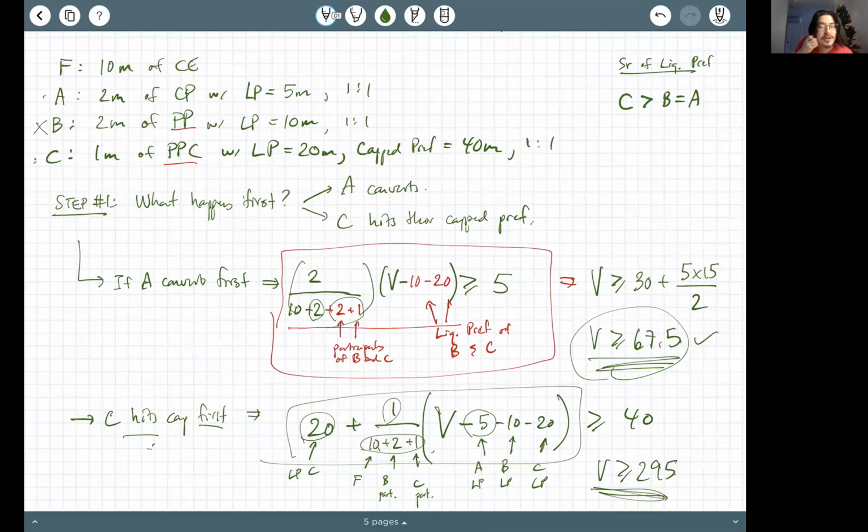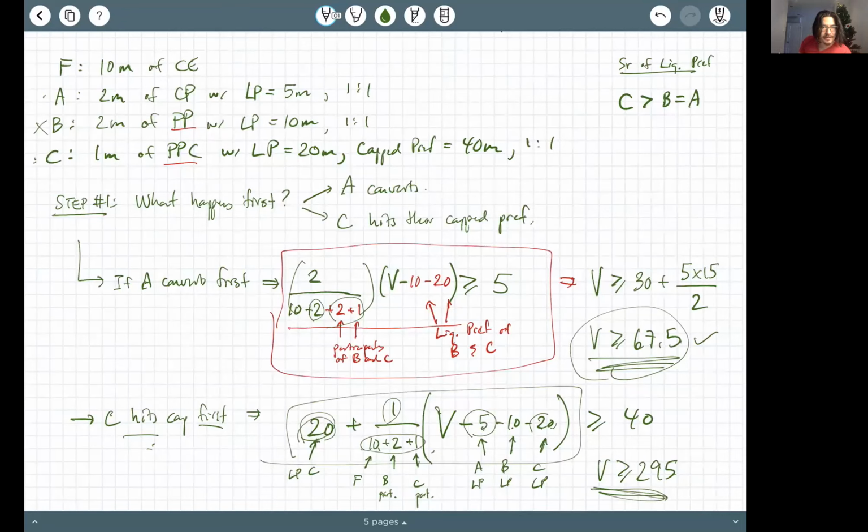What's left after all the liquidation preference has been paid? So common equity in total is worth V minus 5, minus 10, minus 20. This 20 went straight into C's pocket, right? But the 5 and the 10 went to Series A and Series B respectively, right? So what's left for common equity is this.